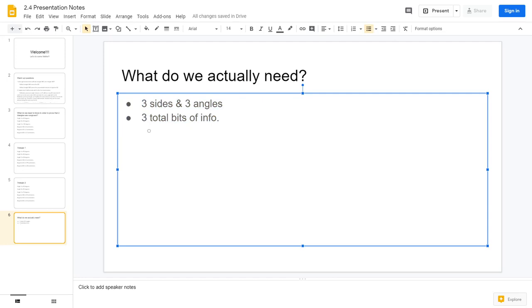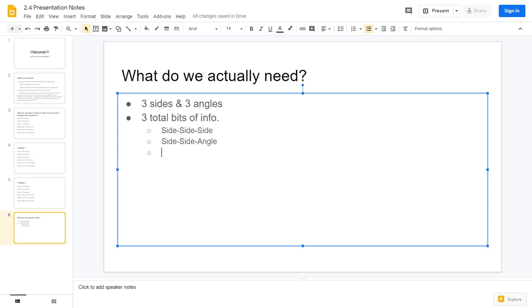All right, so if we have three sides and three angles, well, we could have three sides, or we could also have two sides and an angle. Here we go. Or two sides and an angle on the outside of those sides.